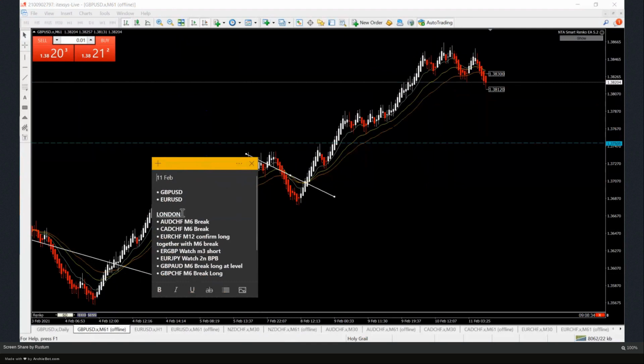Every day we look at them because these are the most common pairs out there and everybody trades them. You get a feeling if the pound is weak, if the pound is strong, and in this one you get a feeling if the euro is weak or the dollar is strong. You just get that feeling.